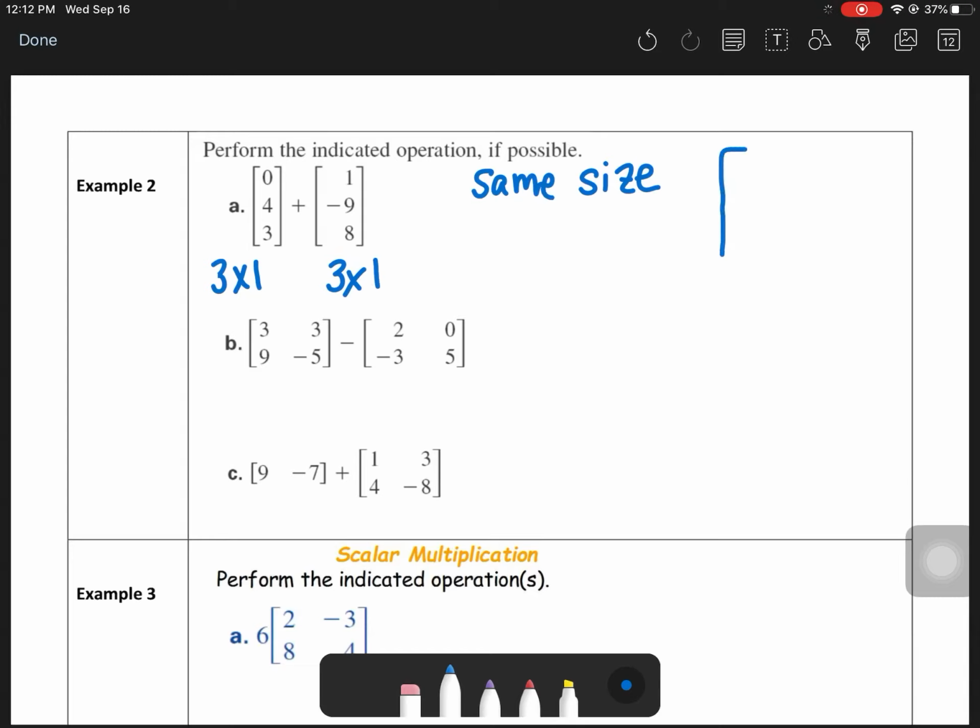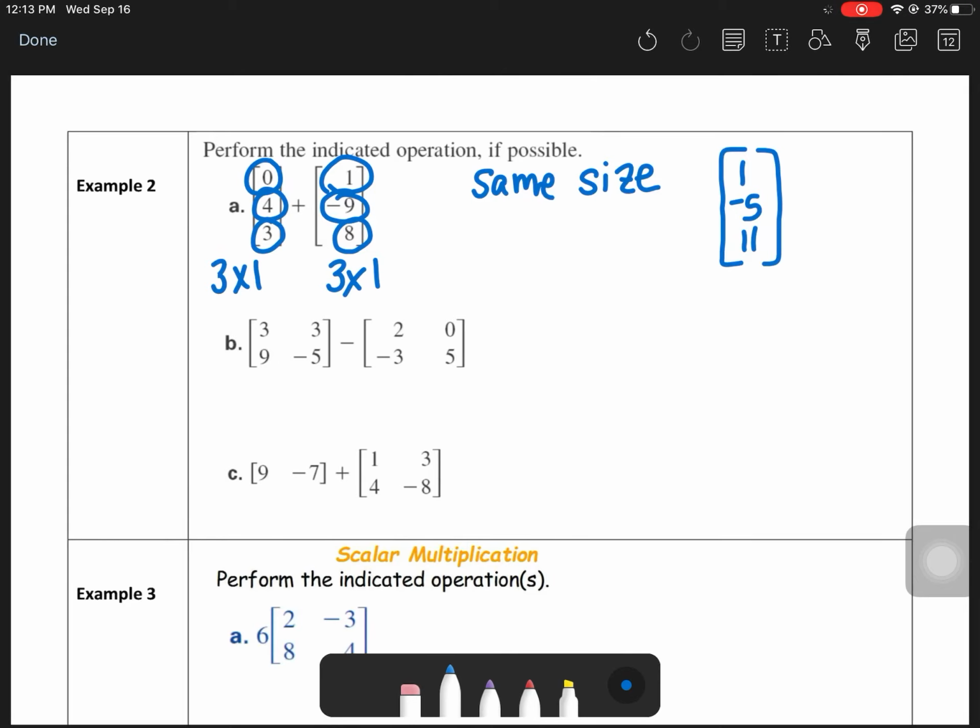Then the adding part is very easy. We simply add the exact same positions together. So 0 plus 1 would be 1, and we write our answer in the same size matrix as the ones we are adding together. 4 plus negative 9 is negative 5. 3 plus 8 is 11. So we have added those two matrices together, and that's our answer.